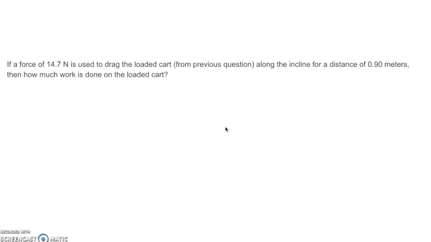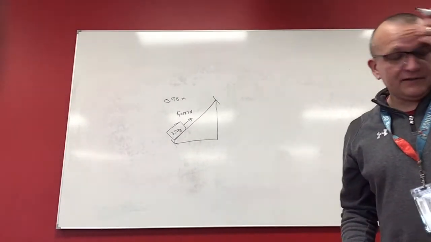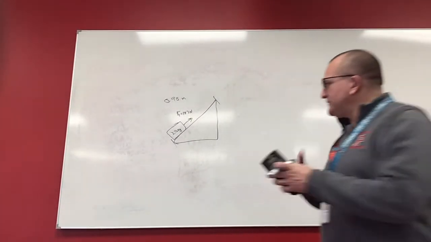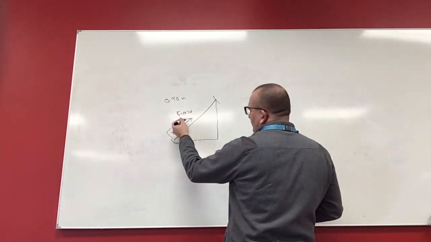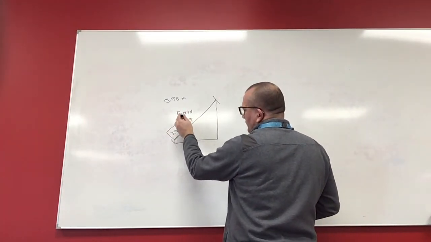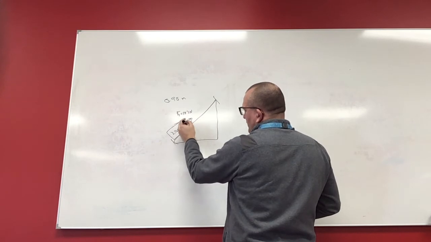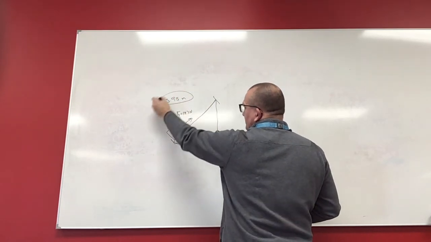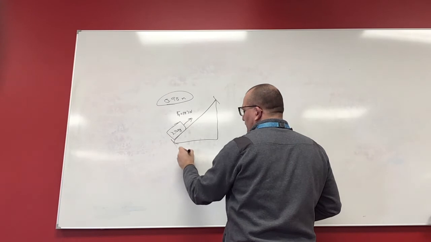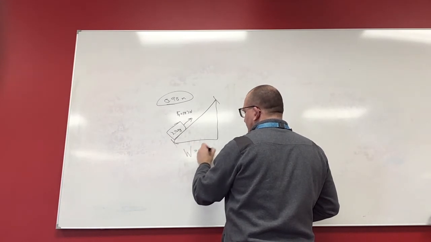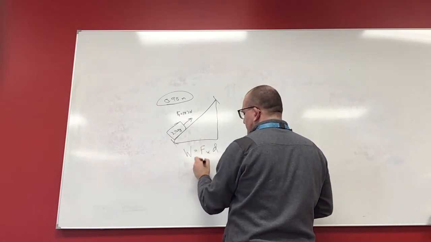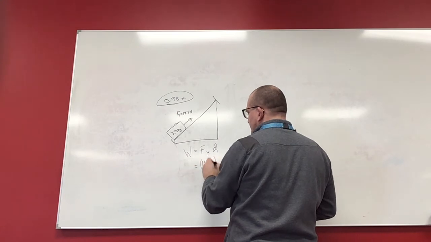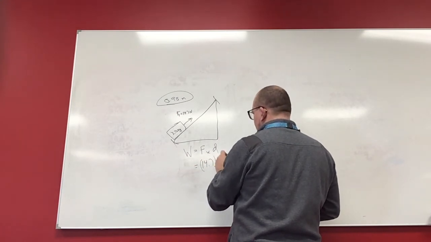All right, so same setup, our 3 kilogram mass, but now we're pulling it with a force of 14.7. That's the tension force on the string up this slope, a distance of 0.90 meters. So we want to find work. Work is force times distance. So our force is 14.7 newtons, and our distance is 0.9 meters.